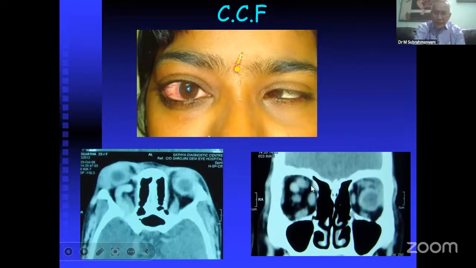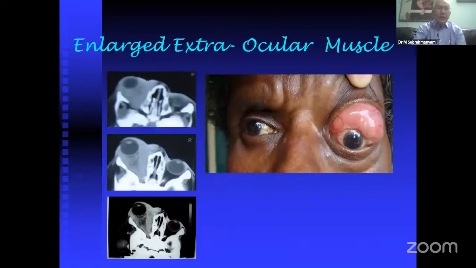The CT shows engorged blood vessels with a very grossly dilated superior ophthalmic vein, when compared with the opposite side. This is a very high flow fistula. High flow fistulas are commonly seen after trauma, and we see quite a good number of these cases because of the increase in road traffic accidents and not wearing a helmet.